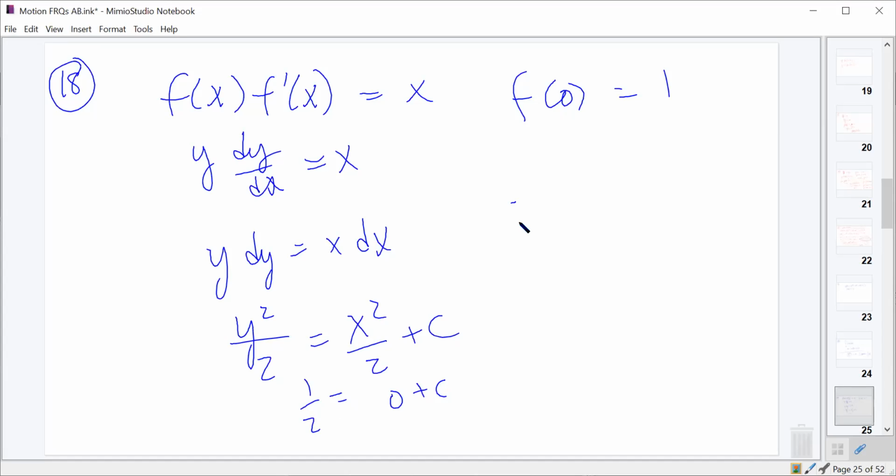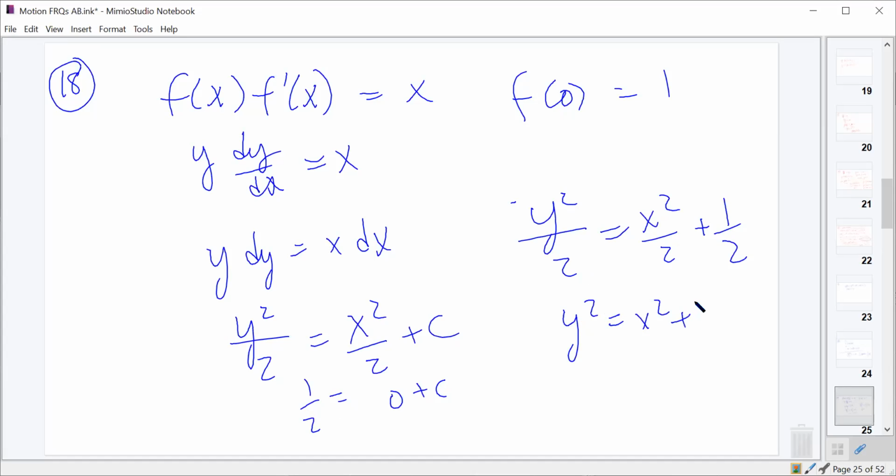We get a constant of a half. y squared over 2 equals x squared over 2 plus a half. Multiplied by 2, we get y squared equals x squared plus 1. And y equals either positive or negative, but it's going to be positive since we get a y value of 1. The square root of x squared plus 1 therefore for 18.